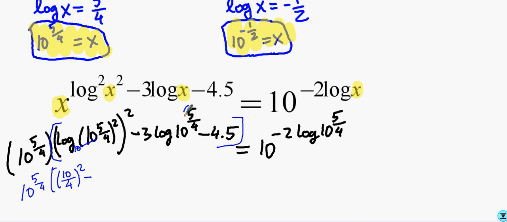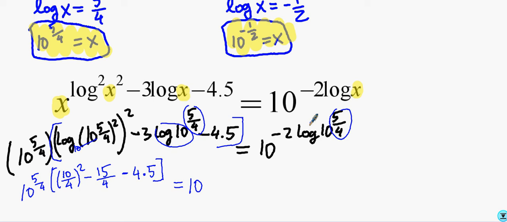Minus, now we can bring that 5 fourths in front of that 3, so there's going to be negative 3 times 5 fourths is negative 15 fourths times log 10, which is 1, and then minus 4.5, and that equals 10 to the power of, now we take 5 fourths, bring it up front, multiply by negative 2, so that's to the power of negative 10 over 4 times log 10, which is 1.